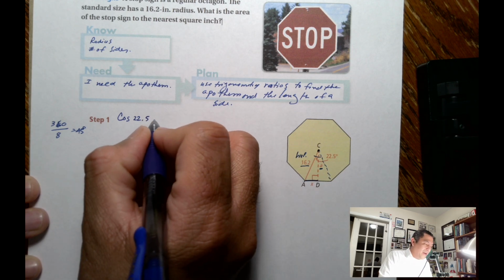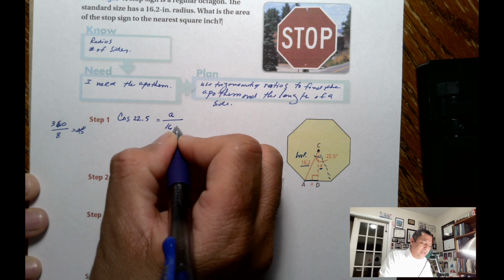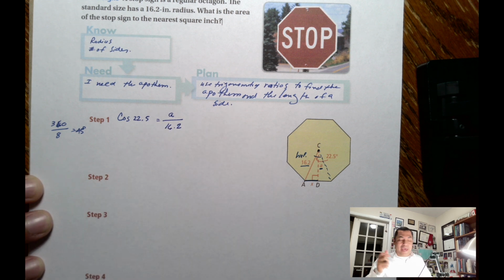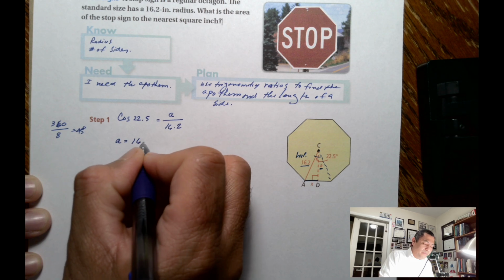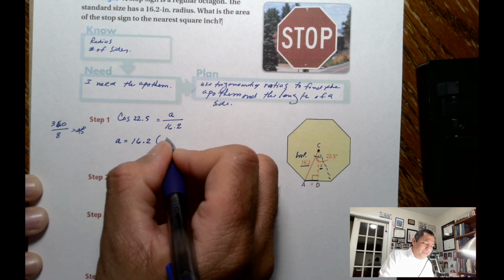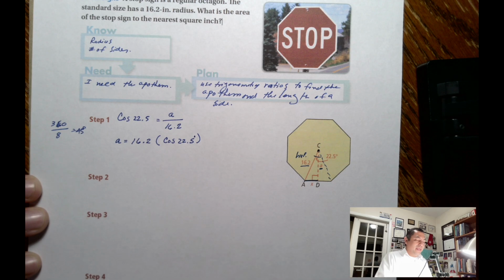Cosine of 22.5 is equal to A over 16.2. Let's solve for A. So A is equal to 16.2 times cosine of 22.5 degrees. Okay, that's the apothem. I'm going to leave it there.